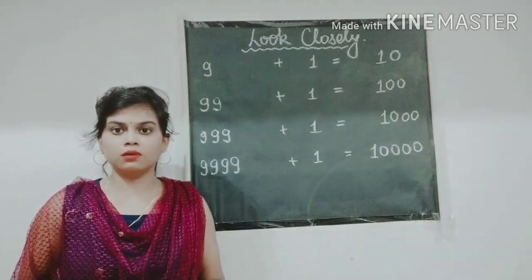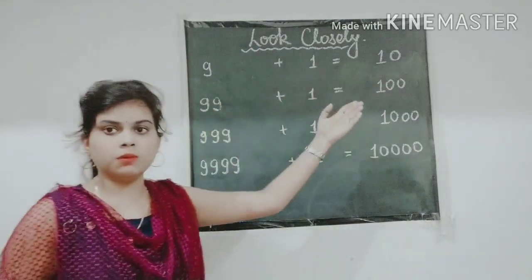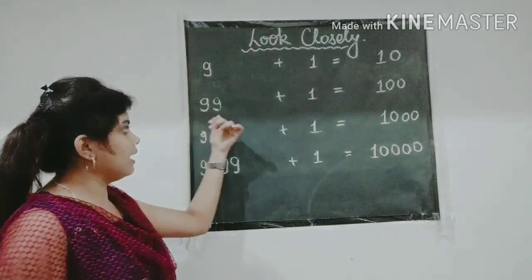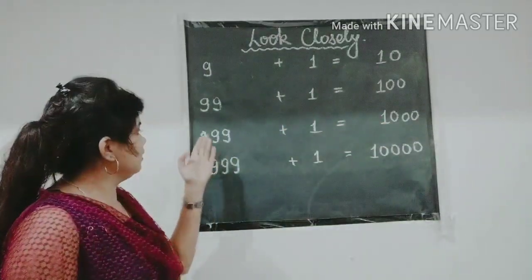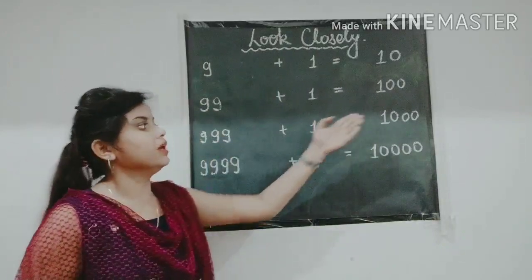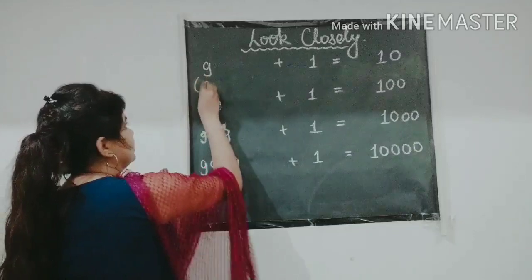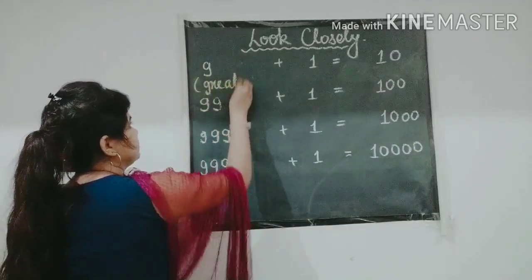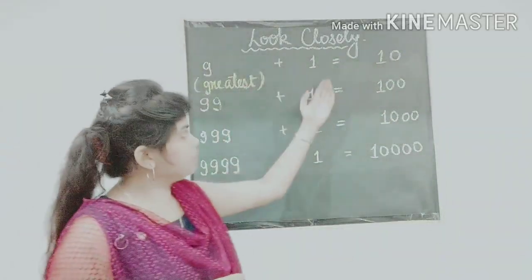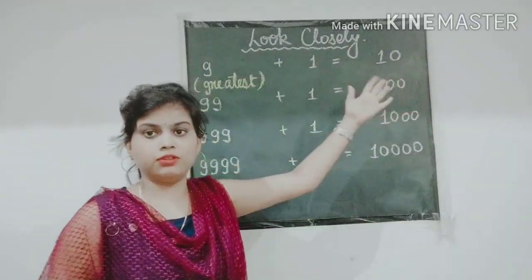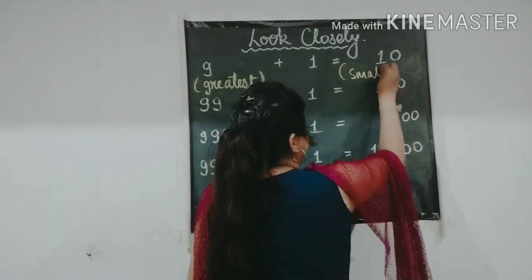Now let us look closely. 9 plus 1 is equal to 10. 99 plus 1 is equal to 100. 999 plus 1 is equal to 1000. Here 9 is the greatest one digit number, and when we add 1 to it we get 10, which is the smallest two digit number, right?